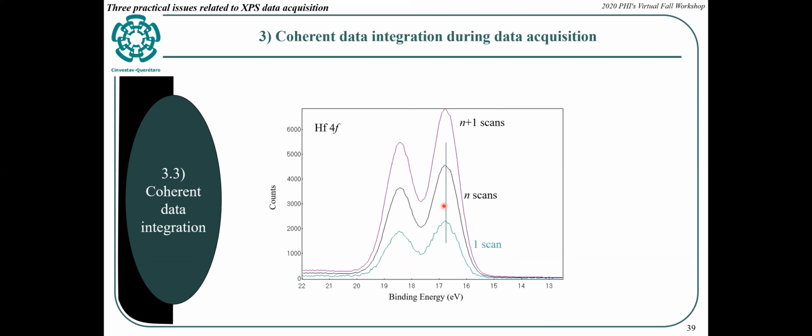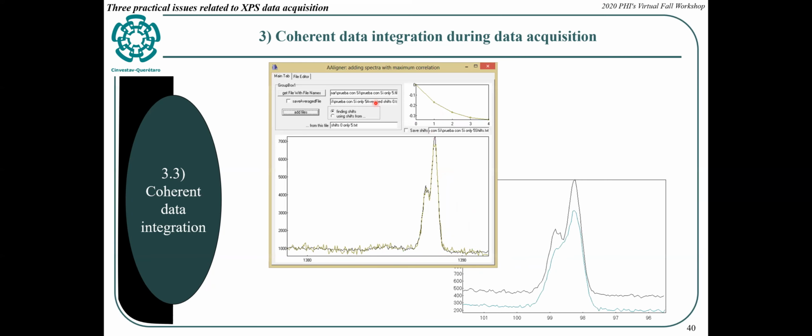In this way, you won't widen your peak. You get a better resolution peak. This is the software that we used for doing this alignment. So this is an example without doing the alignment and doing the alignment.